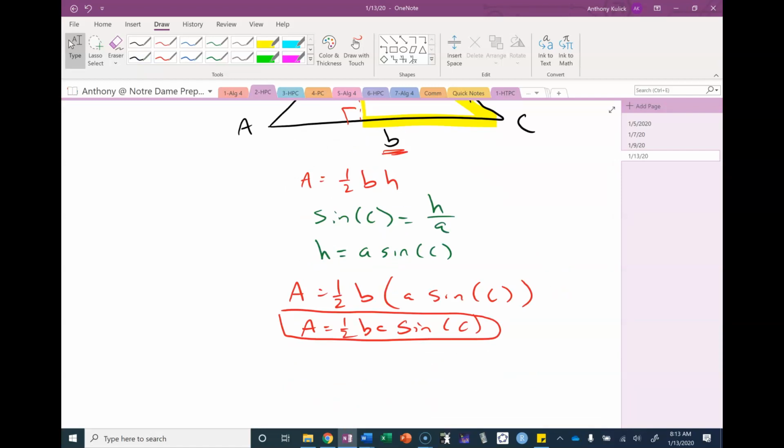We've just replaced the height with a trigonometric ratio, basically, right?